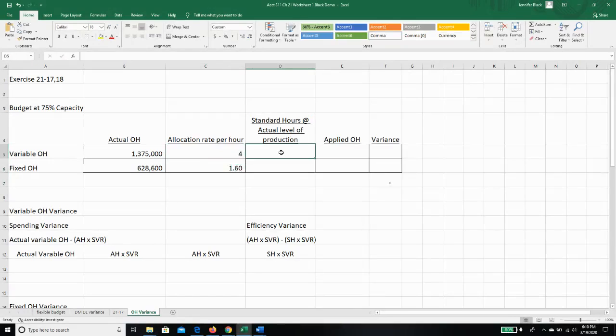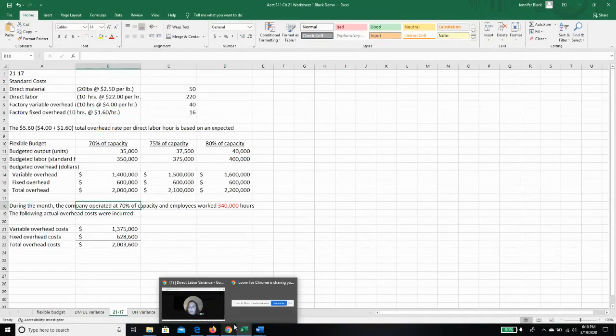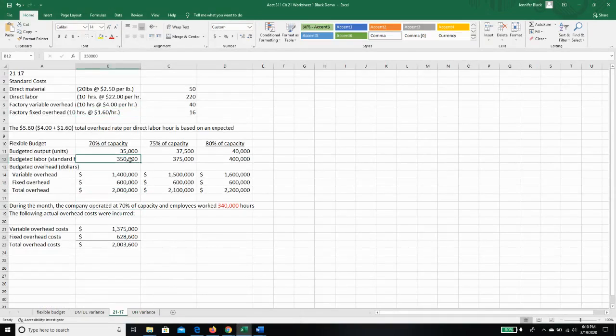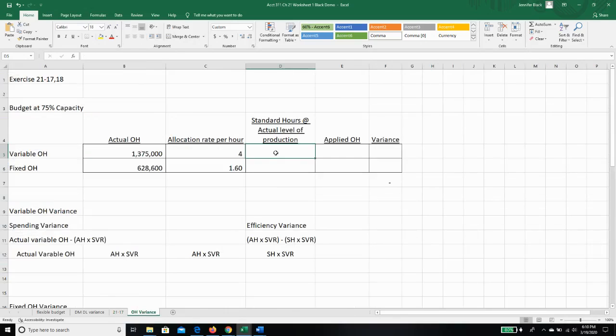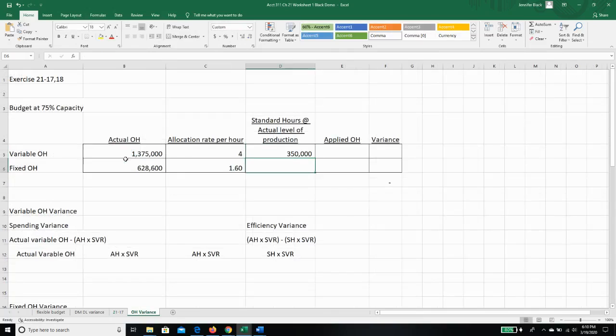All right. Standard hours at actual level of production. So our actual level of production was 70% of capacity. Our standard direct labor hours at 70% capacity is 350,000. So I am just going to link over to this 350,000.